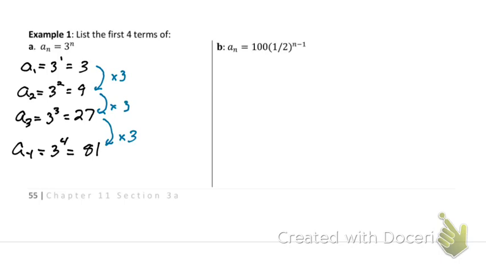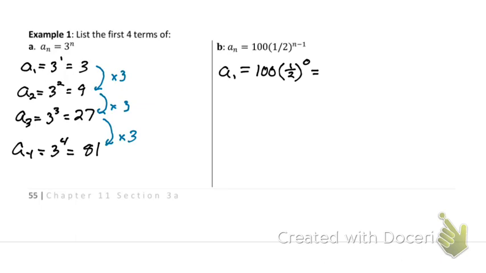Our next one is also geometric because it's to the power of n minus 1. Anything to the power of n minus 1, n plus 2 is automatically going to be a geometric sequence, which is nice to know because this is slightly harder to plug in your calculator until you realize the pattern. So let's go ahead and do our first term. My first term equals 100 times 1/2 to the 1 minus 1, which is 0.